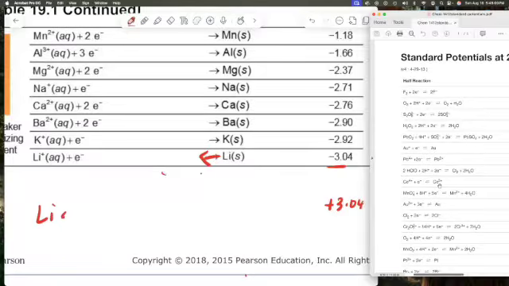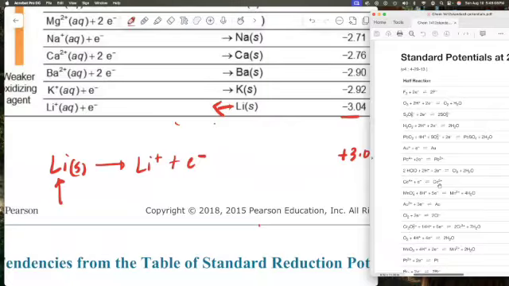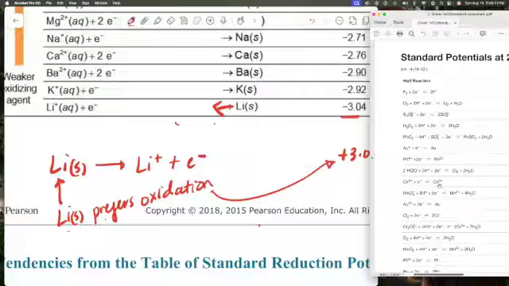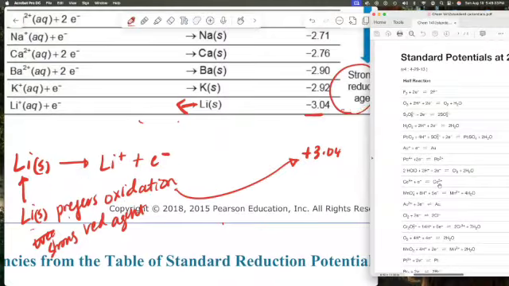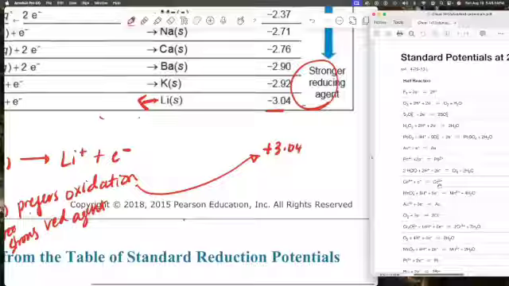So Li solid breaking down to Li positive plus e negative. Then you would say lithium solid prefers oxidation, because you're talking about something positive, something that's related to the positive value, right? Prefers oxidation. For that reason, lithium solid is a stronger reducing agent, right?